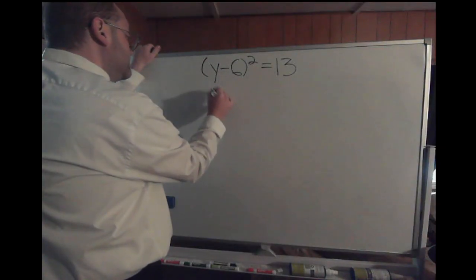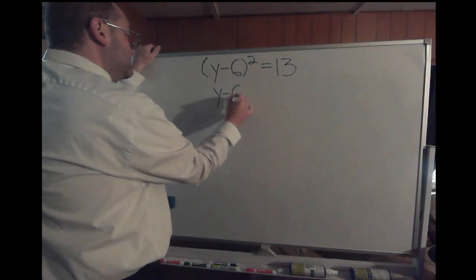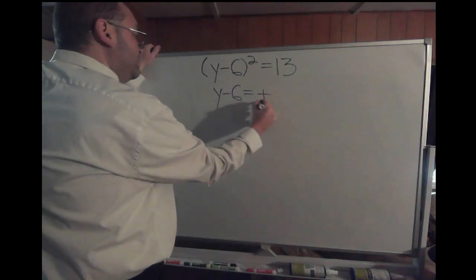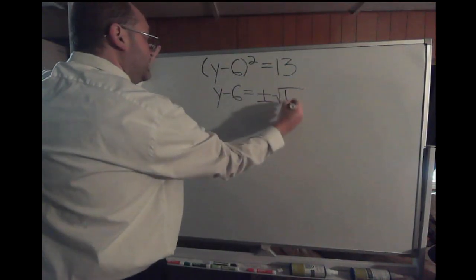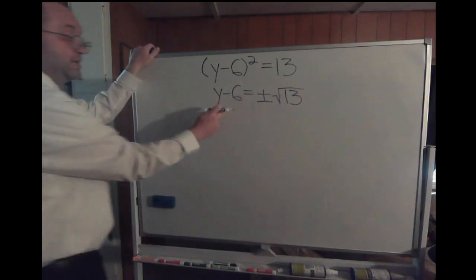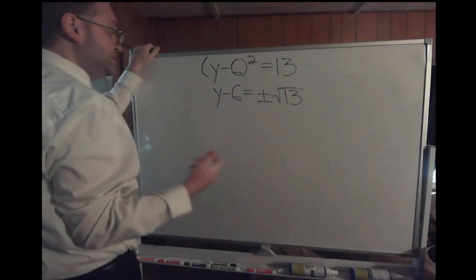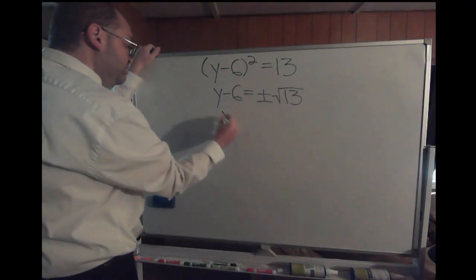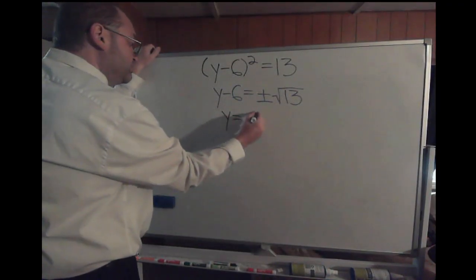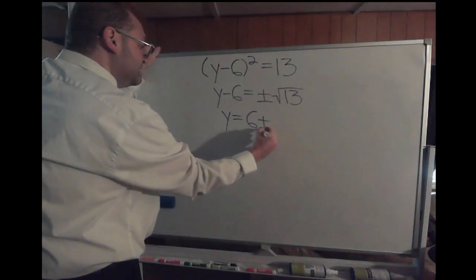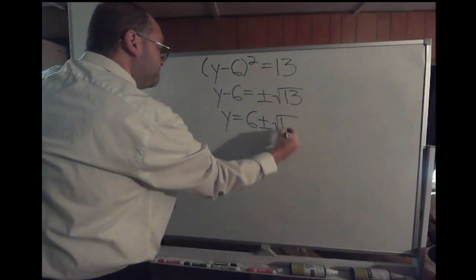You'll get y minus 6 equal to plus and minus the square root of 13. Now you just want to get y by itself, so you add 6 to both sides, and you get y is equal to 6 plus and minus the square root of 13.